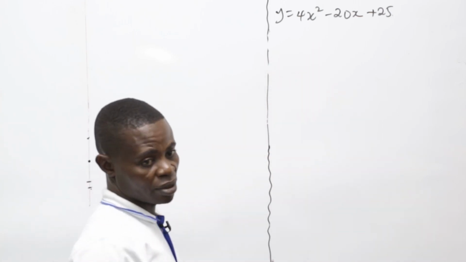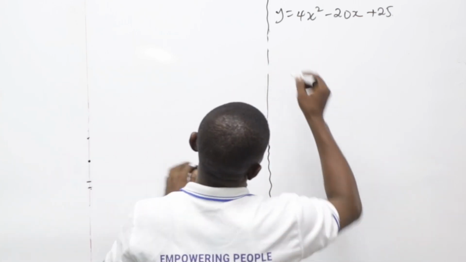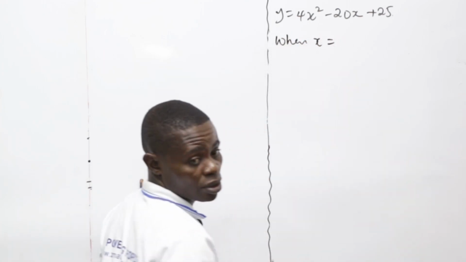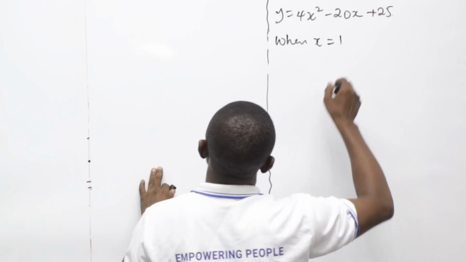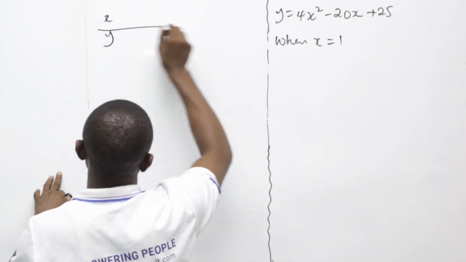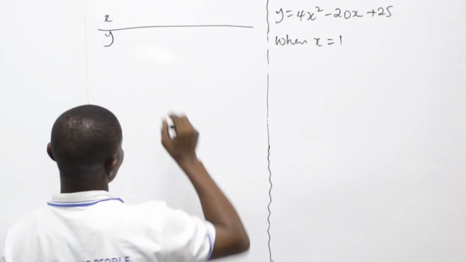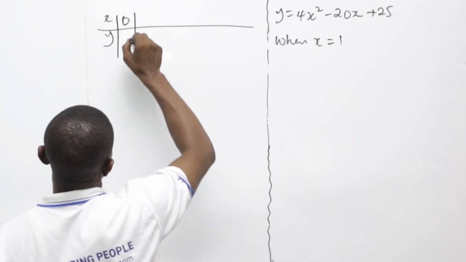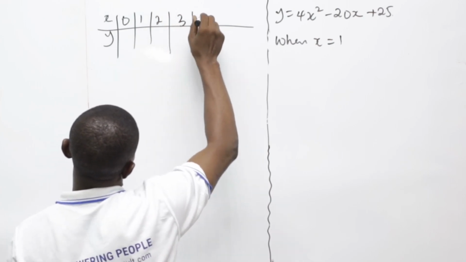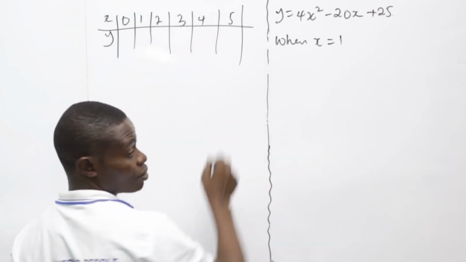When you have this, let's say when s equals 1, our table, this is s, this is y. This one started from 0, 1, 2, 3, 4, 5.